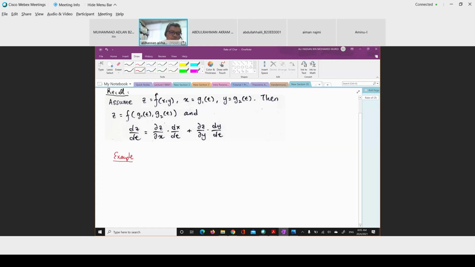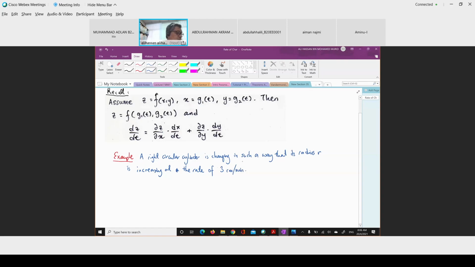Suppose we have a right circular cylinder that is changing in such a way that its radius r is increasing at the rate of, say, 3 centimeter per minute.